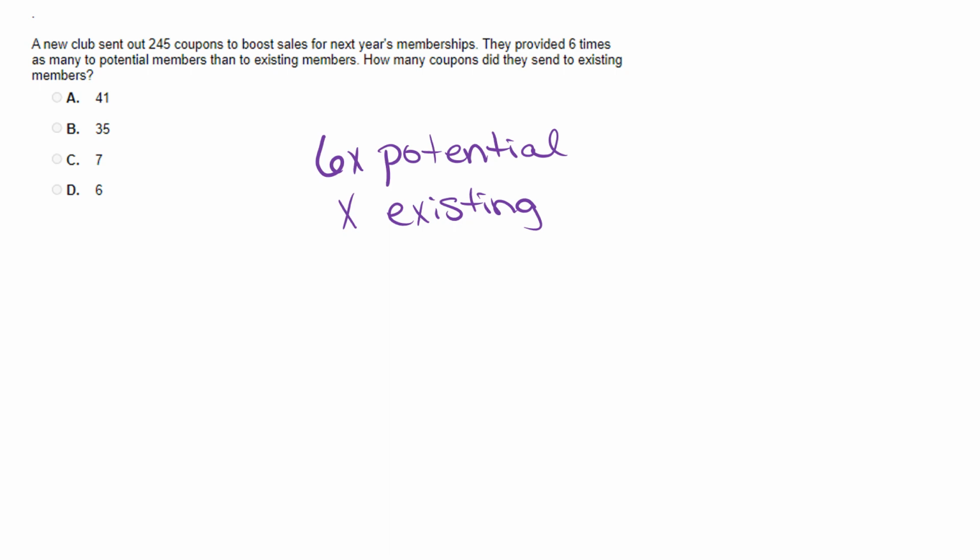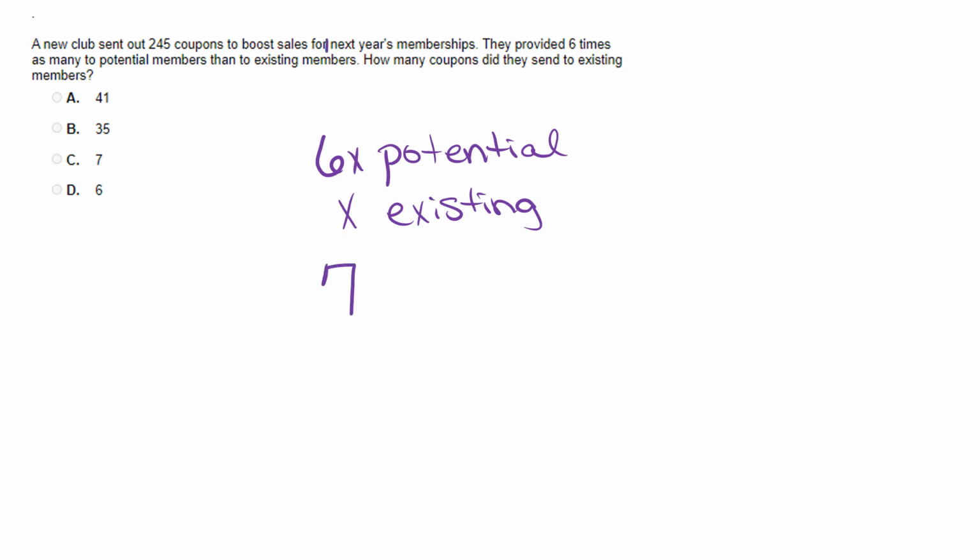So how many total did they send out? 6 times as many as existing. So we had 6X plus 1X, or existing. If they sent out 10 to existing, they would have sent out 60 to potential. So 10 and 60 would make 70. So 7 times whatever that X is.